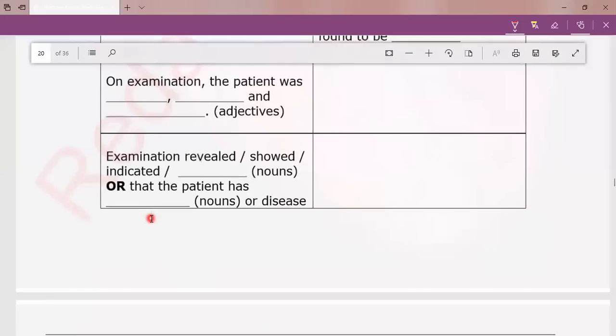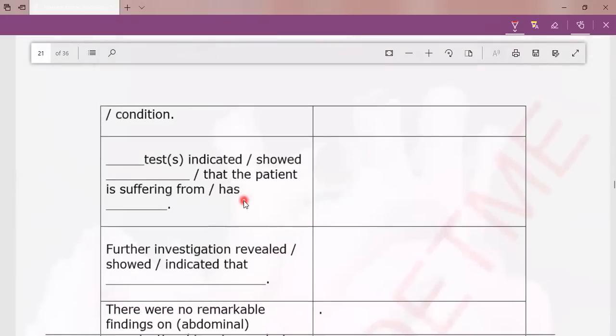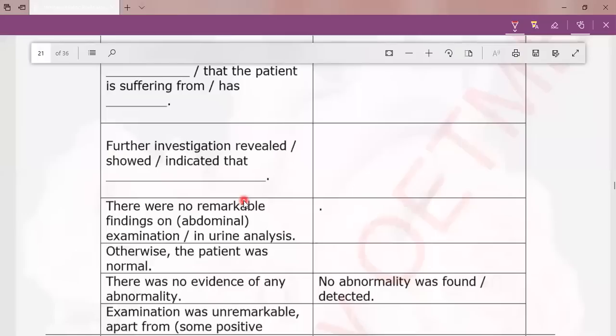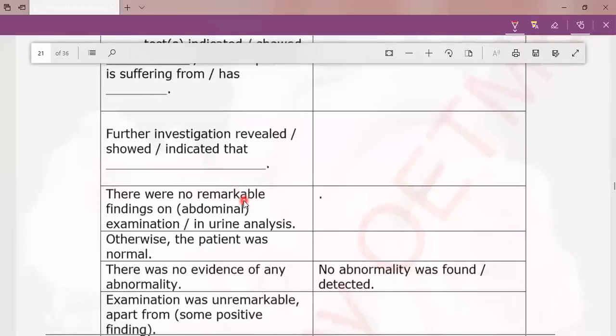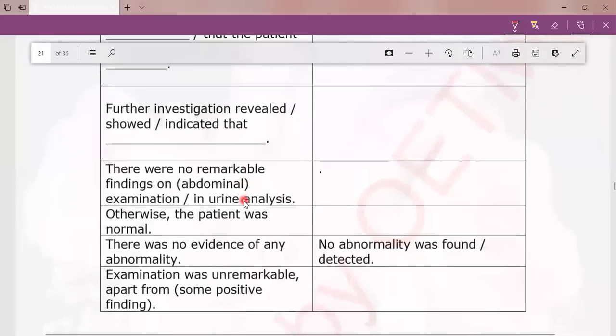Or examination revealed, which will elevate your marks more than showed. This is called band vocab. So further investigation revealed. Investigation is uncountable, so don't add a or an.